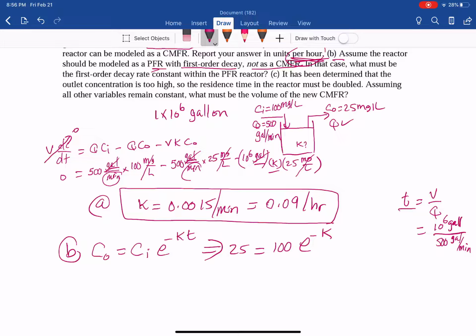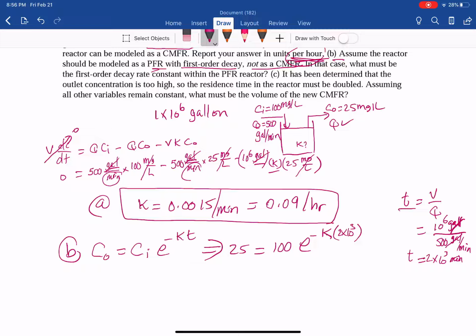This is the time it will take this water to stay inside the reactor. So 10^6 over 500, and gallon with gallon, you'll end up with minutes. So time is equal to 2 × 10^3 minutes. And that is the time.